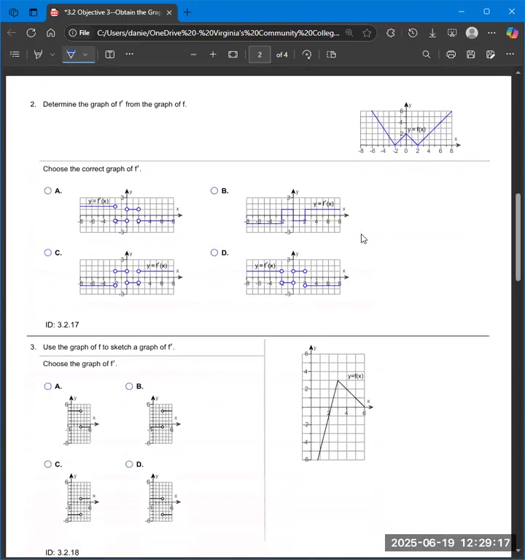Let's go ahead and look now at number 2. Determine the graph of f prime from the graph of f. So everywhere where there's a sharp point, the derivative is going to be undefined. So it's going to be undefined at x equals -2, 0, and 2.